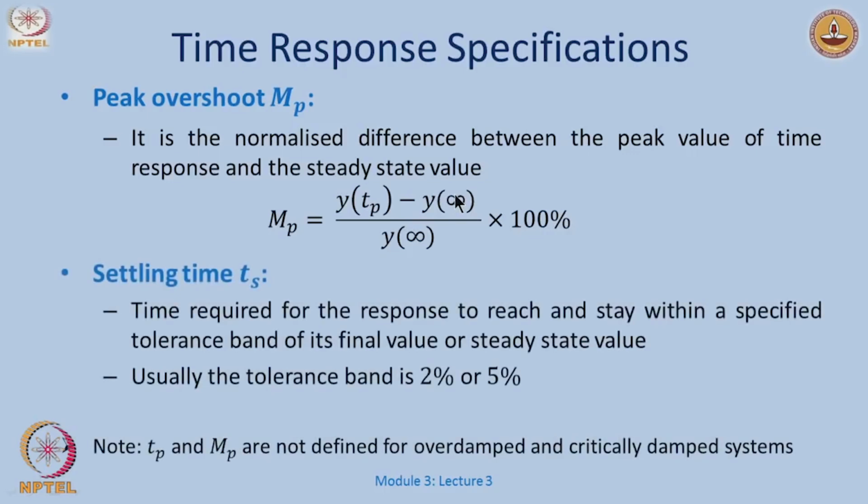The settling time, we had vaguely defined this last time when we were dealing with first order systems, and we will recall that all over again. The settling time was defined as the time required for the response to reach and stay within a specified tolerance band. Usually I would say the system has reached a steady state value if it is within 2% of its final value, sometimes even 5% depending on my tolerance levels.